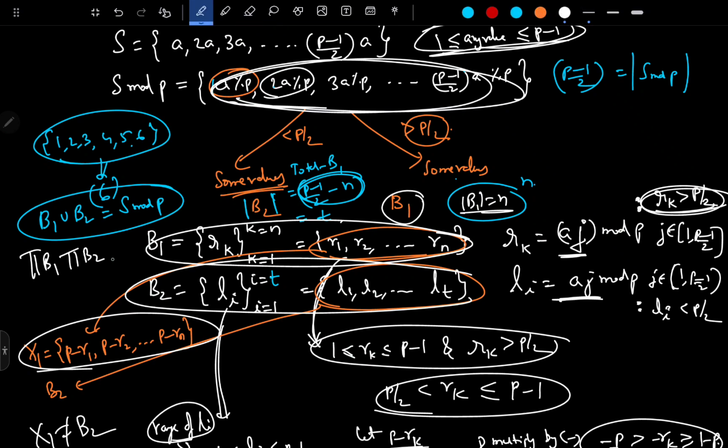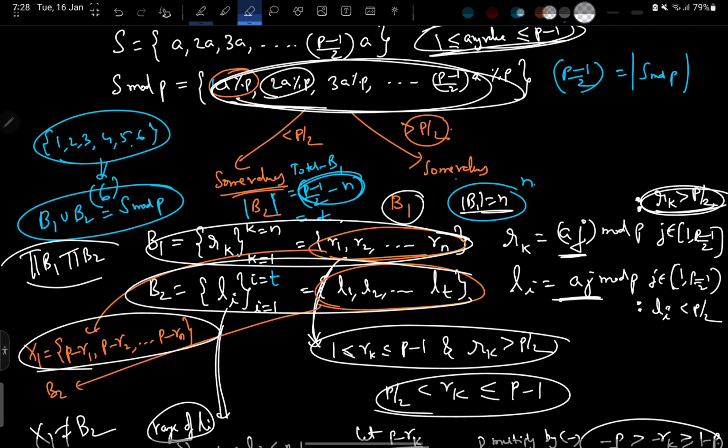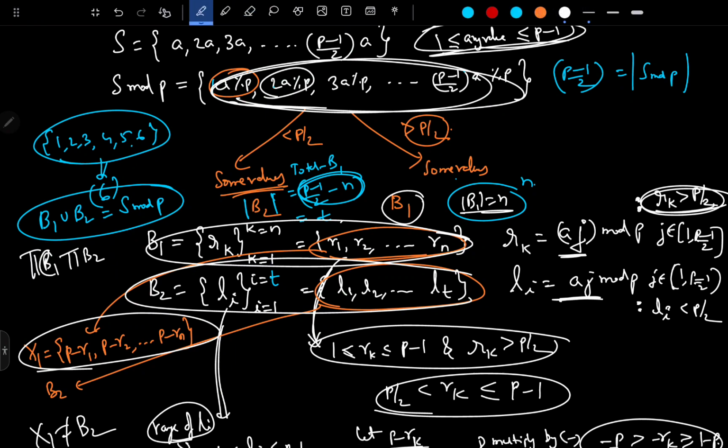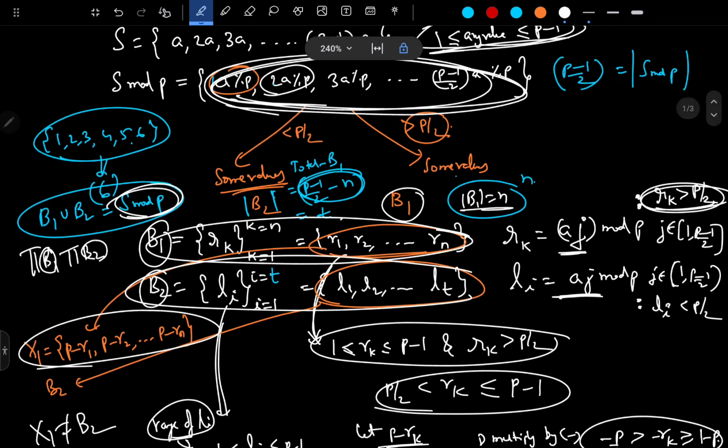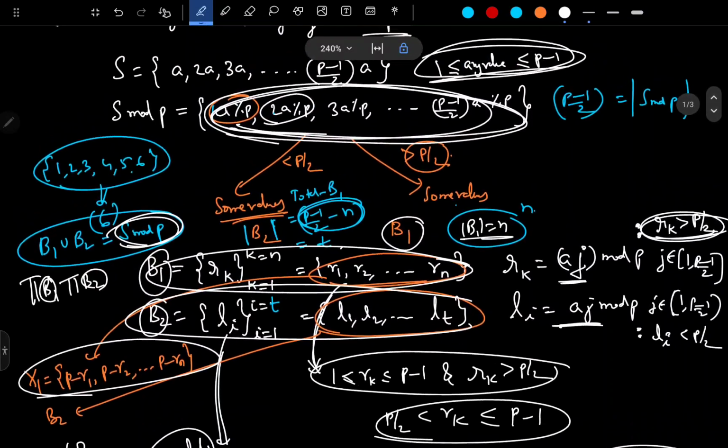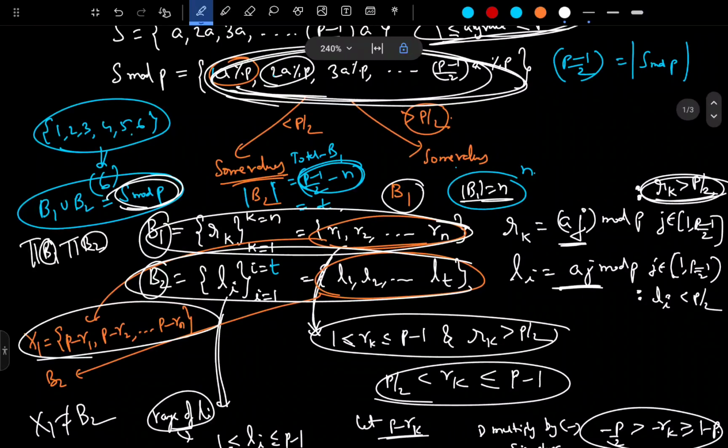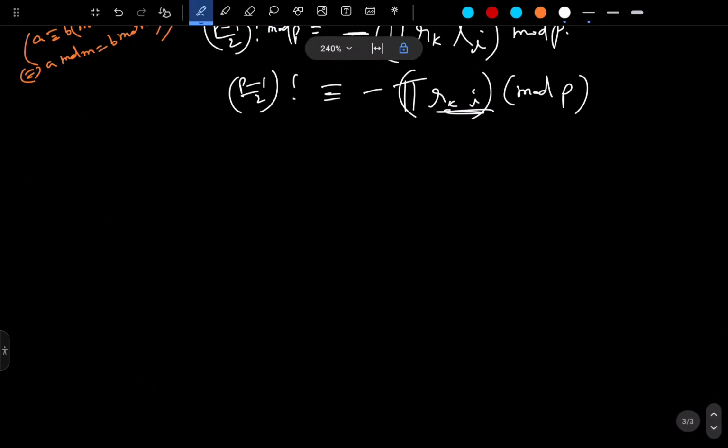This is what I have written indirectly, so don't take the meaning of this directly. Just each element of phi. Basically I told you b1 union b2, how much? S small p contains all these values. So how can I write it? Tell me. I can write like this.